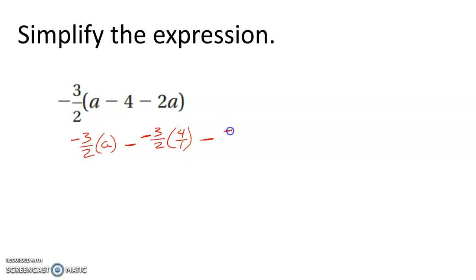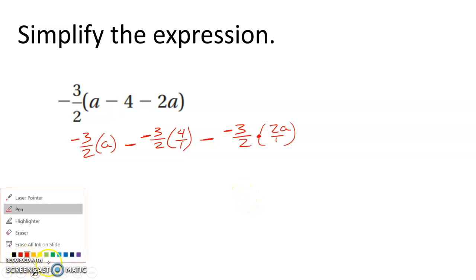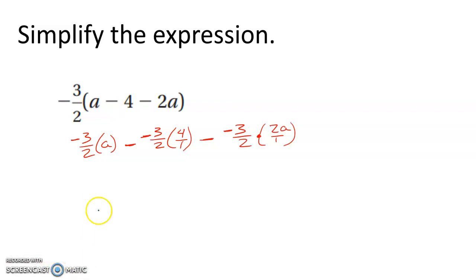Minus negative 3 over 2 times 2a. I'm going to put it over a 1. All right, now, a couple of things you might want to do. I'm going to go ahead and change these to addition. Plus positive, plus positive.